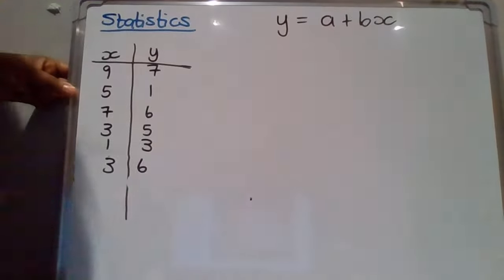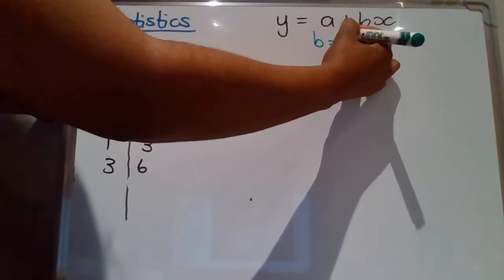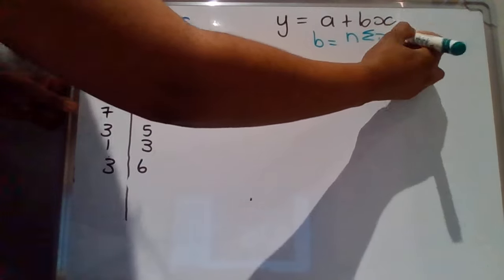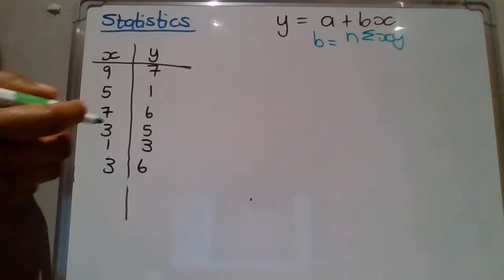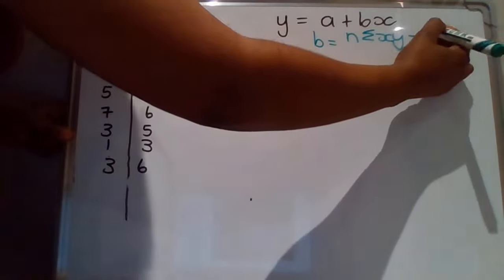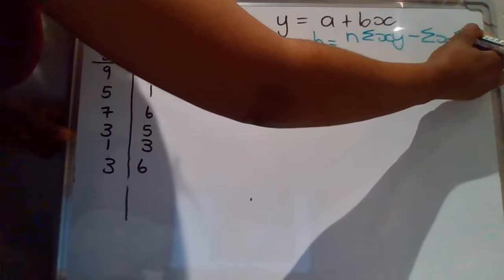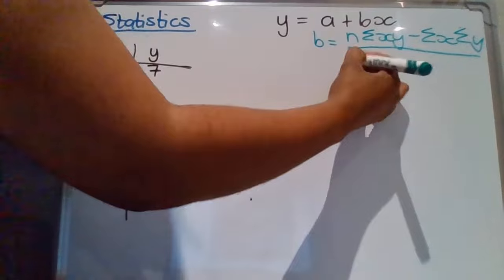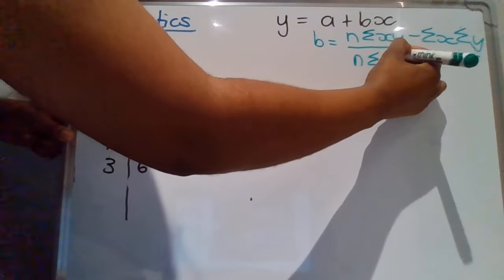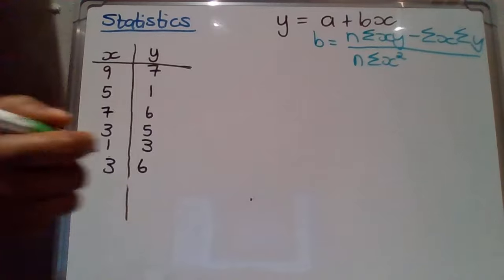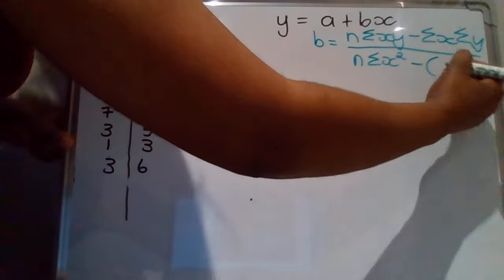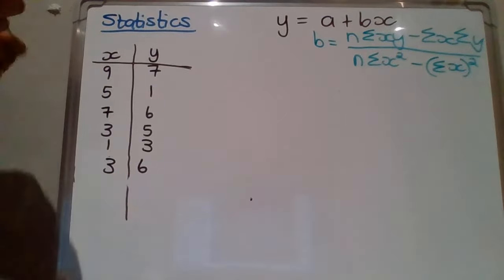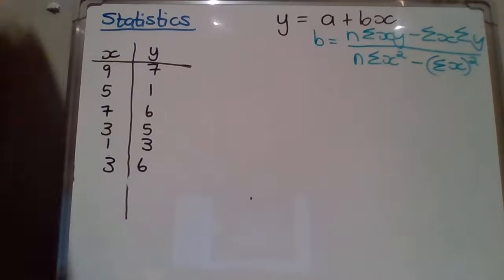So b is equal to the number of observations multiplied by the sum of the product of x times y, minus the sum of the x values times the sum of the y values, divided by n times the sum of the squared x values, minus the square of the sum of the x values.